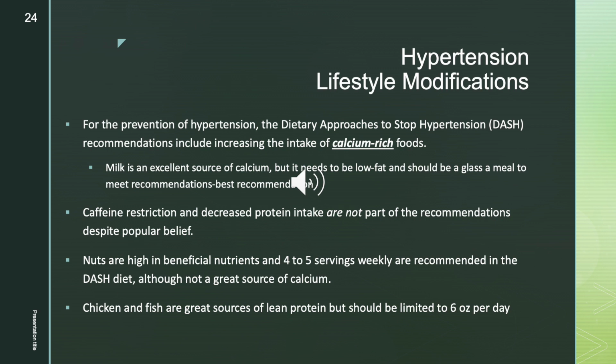Please understand that. Nuts are high and beneficial in the nutrients, and 4 to 5 servings a week are recommended in the DASH diet. Although it's not a great source of calcium necessarily, it is important to get those appropriate oils and fats and proteins. So please make sure that we're also educating them about that. Chicken and fish are great sources of lean protein, but should be limited to 6 ounces per day.